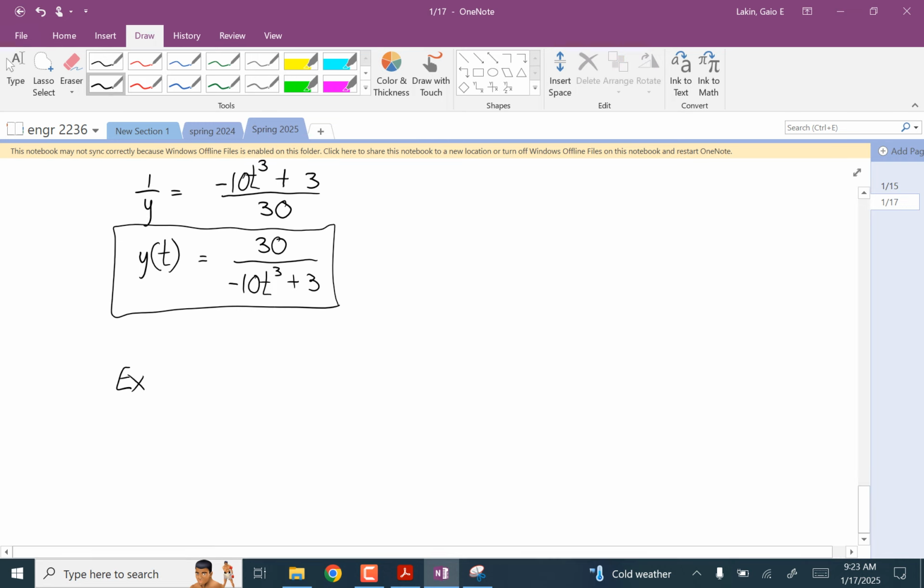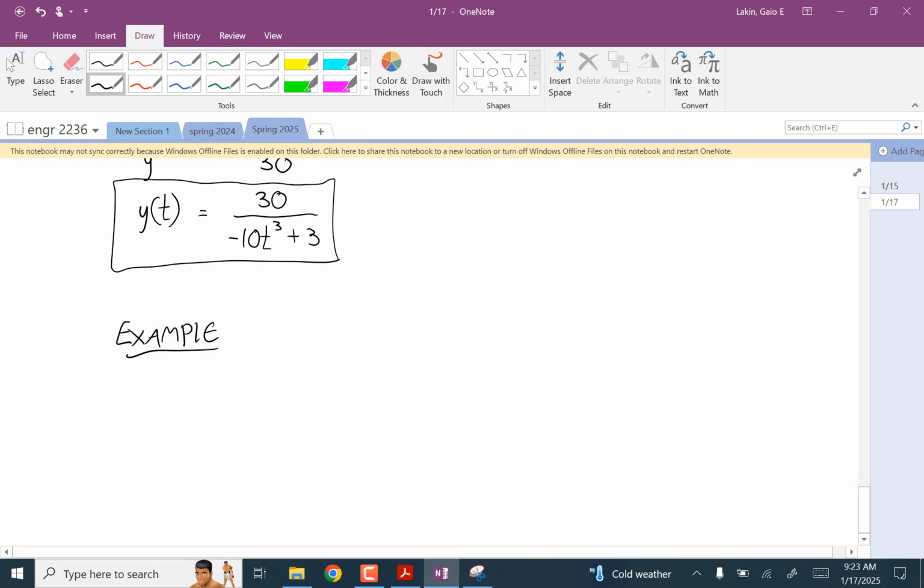Okay, so here's another example, and this is how it's going to come up most in actual dynamics problems. So let's say that the x component of the velocity is equal to 3t squared plus 5t minus 10.